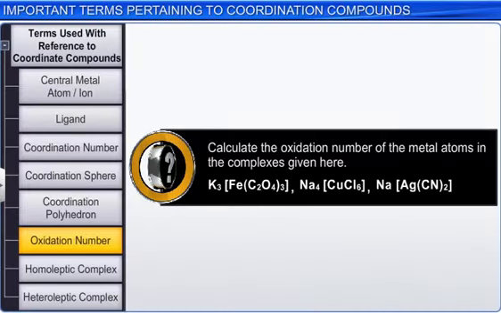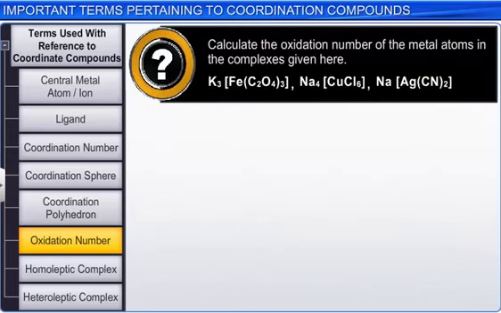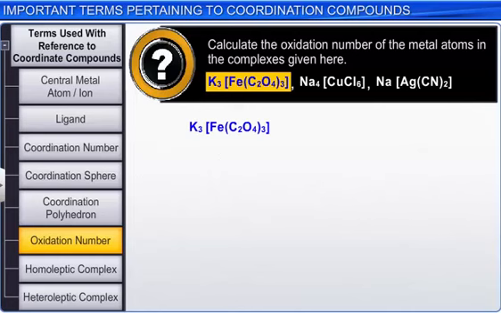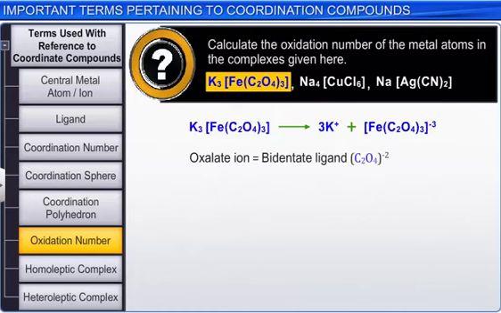Here is a simple problem for you. Calculate the oxidation number of the metal atoms in the complexes given here. In the first case, there are 3 cations outside the coordination sphere. Hence, the charge on the complex ion is -3. The oxalate ion is a bidentate ligand. Each oxalate ion carries a charge of -2.